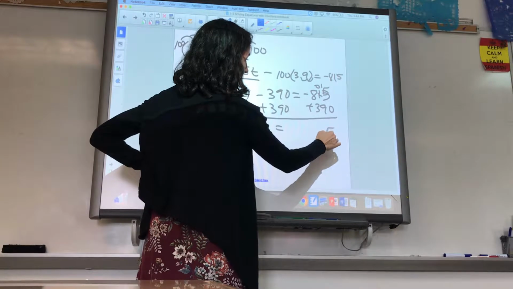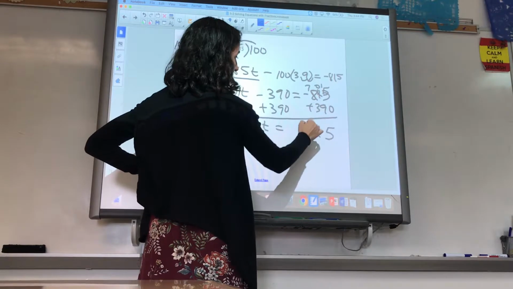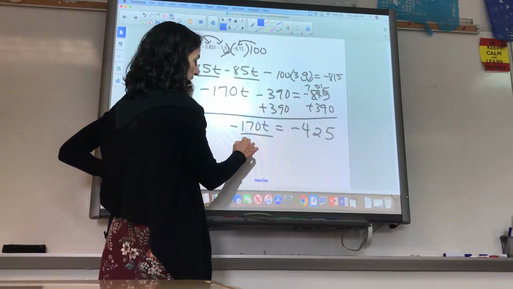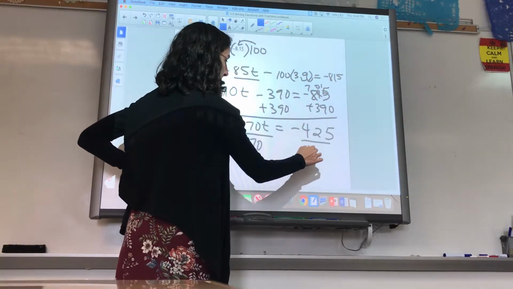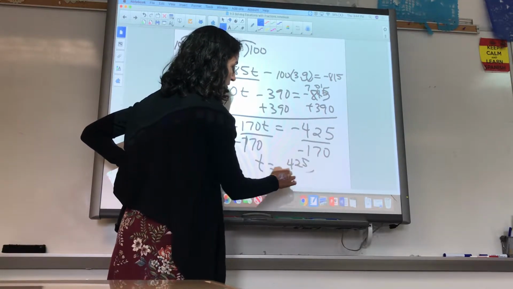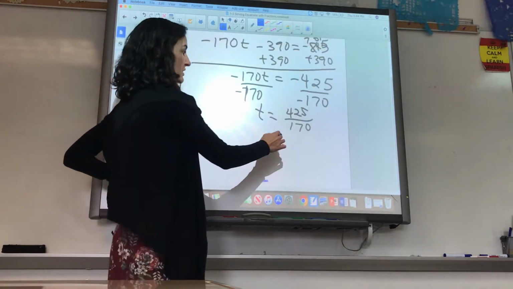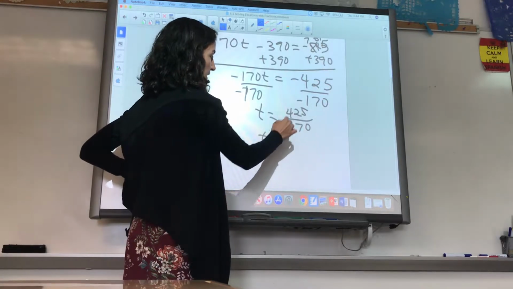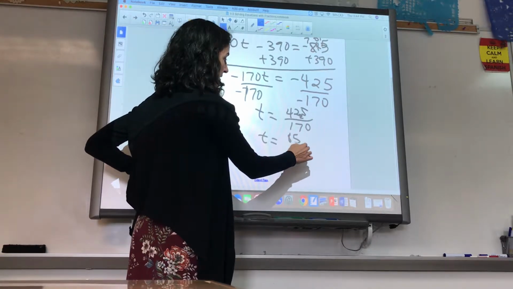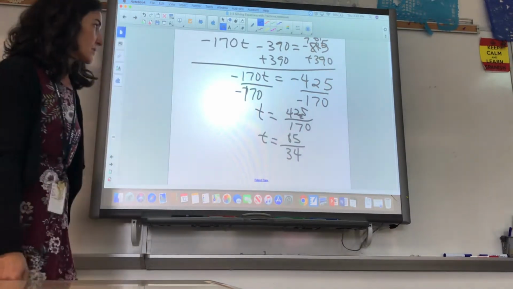Oh wait, what am I doing? 5, 1, borrow 7, 11, 2. Negative 425, divide by negative 170. So t equals positive 425 over 170, which can be reduced by dividing the top and bottom by 5. So 5 goes into 42, 8 times, 5 goes into 25, 5 times, and on the bottom we get 34. So 85 over 34.